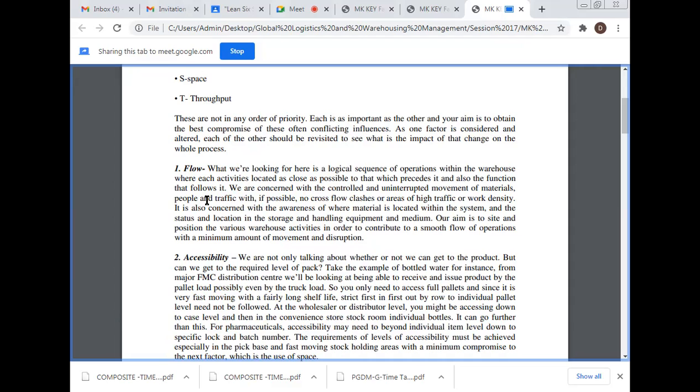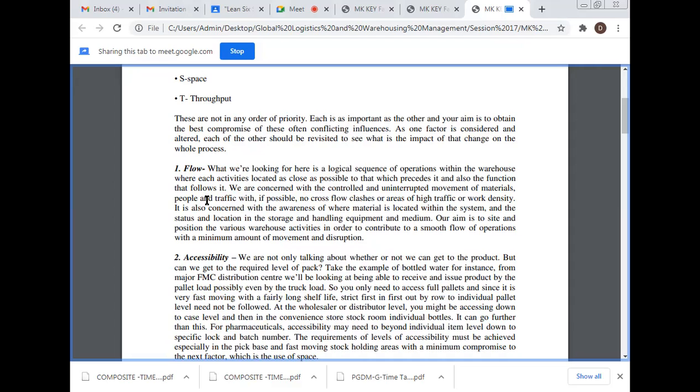Our aim is to site the position of the various warehouse activities in order to contribute to a smooth flow of operation with a minimum amount of movement and disruption. The logical flow of the sequence of operations within a warehouse is known as the flow of the material.